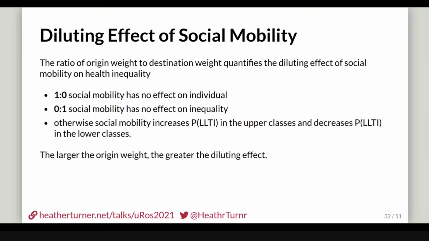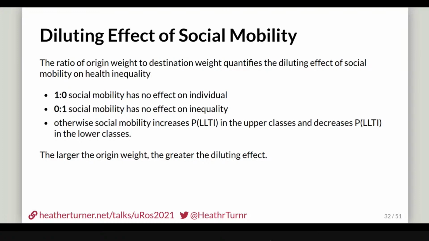On the other hand, if all of the weight is on the destination effect, then social mobility has no effect on inequality because a person moving to a new class just takes on the characteristics of that class, and it's not changing anything. So if the classes are unequal in their health, then social mobility isn't changing that.